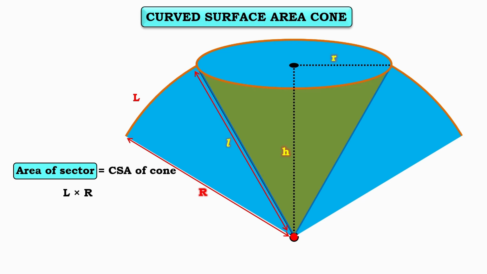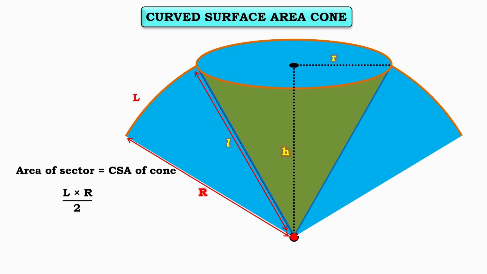Now what is the area of the sector? The area of the sector is L into capital R, not the small one, because the sector is a part of the bigger circle. So what is the sector formula? What is the area of the sector? That is L into R by 2.